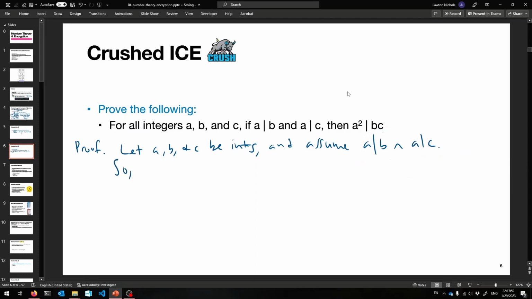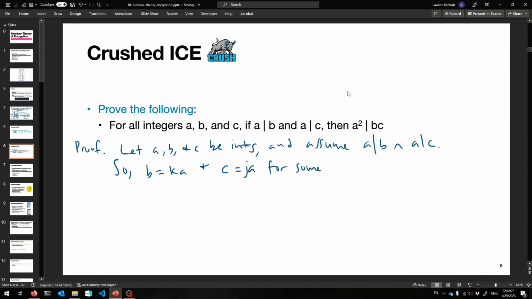So I know that b is equal to some multiple of a, so b equals ka, let's say. And c equals some other multiple of a, so k and j times a, for some ints k and j. That's just unfolding the definitions of divides.